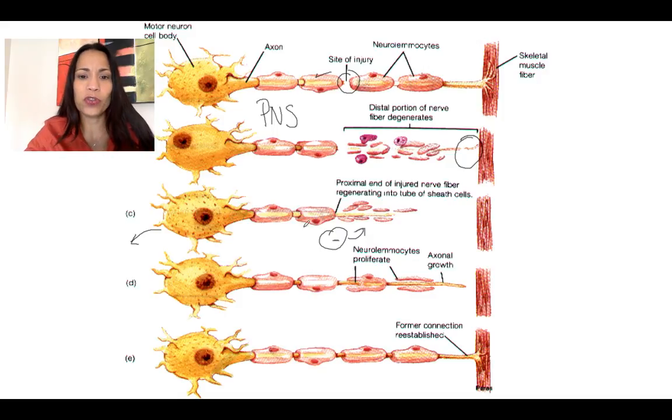So a lot of researchers, a lot of investment is put now into trying to discover or uncover what's going on in different processes in the nervous system.